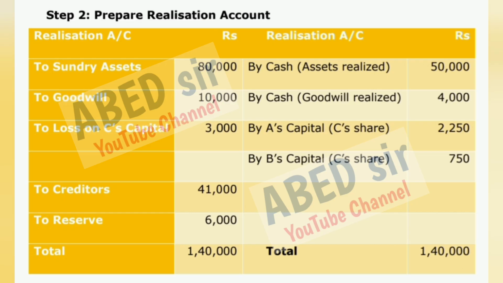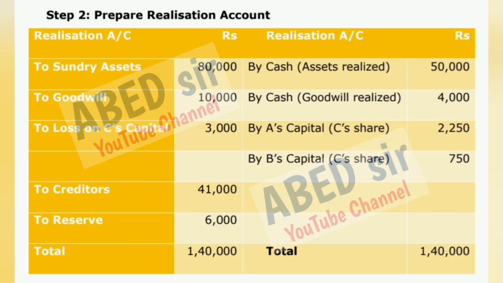Step 2. Prepare realization account. To sundry assets 80,000, by cash, assets realized 50,000. To goodwill 10,000, by cash, goodwill realized 4,000. To loss on C's capital 3,000, by A's capital, C's share 2,250.